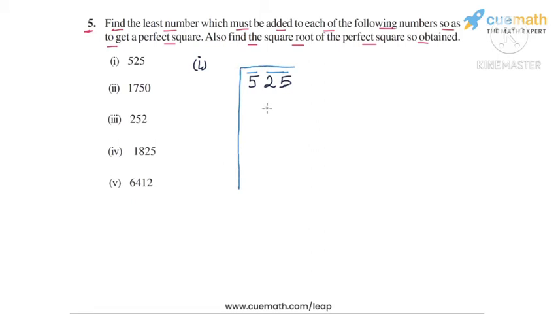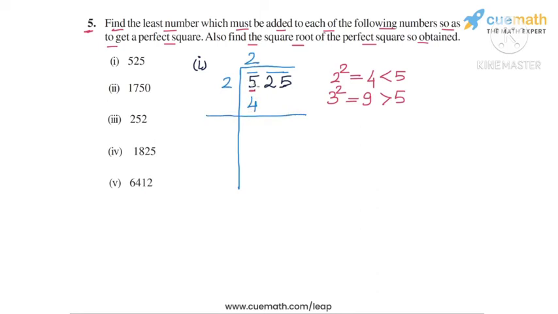In the first step, we have to find the largest possible digit whose square is less than or equal to this number 5 under the first bar. That largest possible digit is 2, because 2 square is equal to 4, which is less than 5. But the next digit 3 has a square of 9, which is greater than 5. So the first divisor will be 2, and the first digit of the quotient will also be 2, and 2 into 2 is equal to 4.